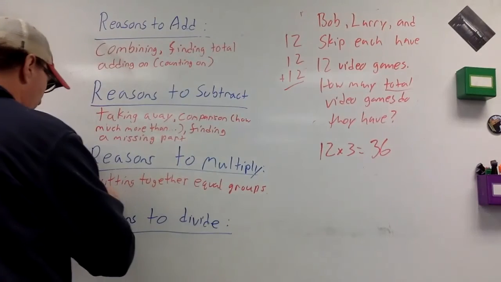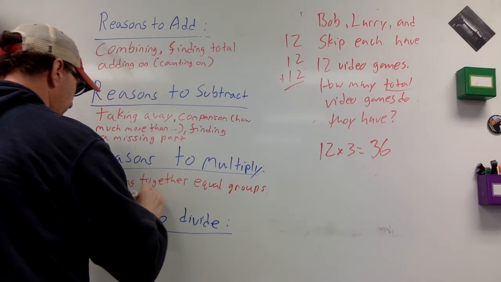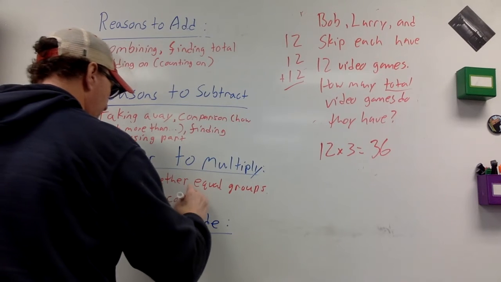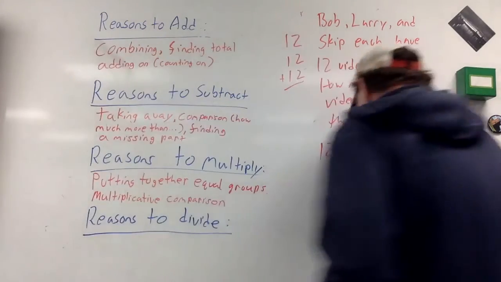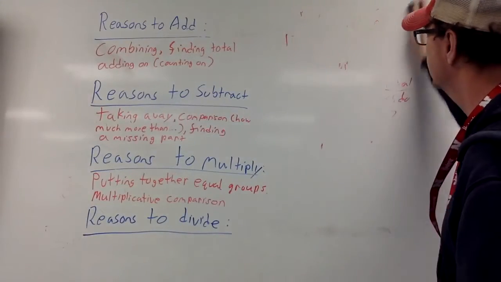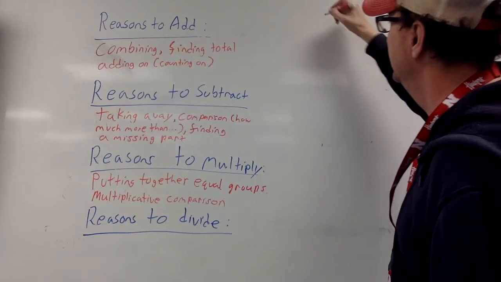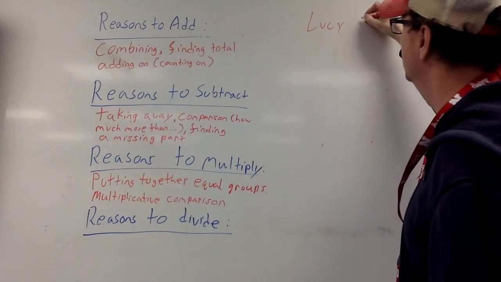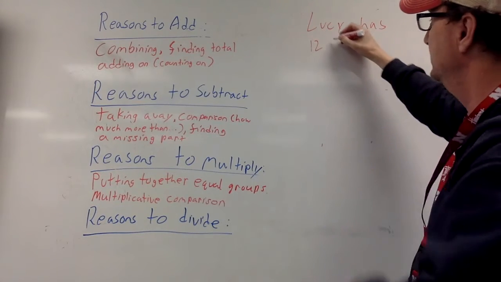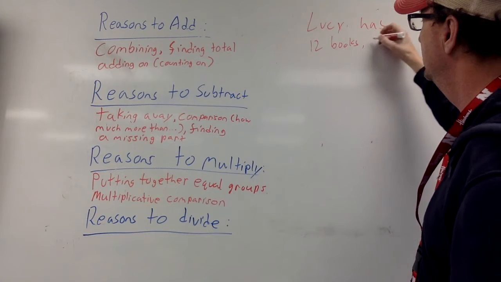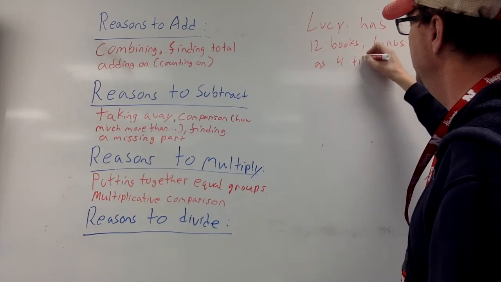And then we also have multiplicative comparison. This is what we've been talking about for like 2 weeks. Okay, let's get different names going. Lucy has 12 books. Her brother Linus has 4 times as many books.